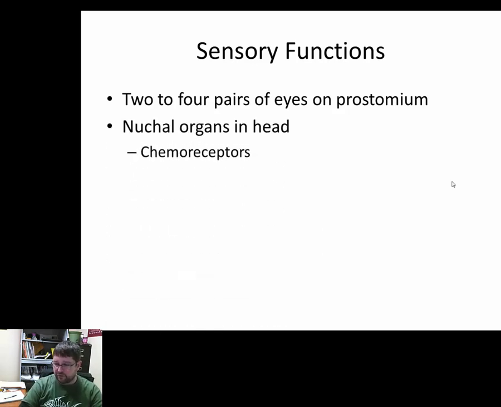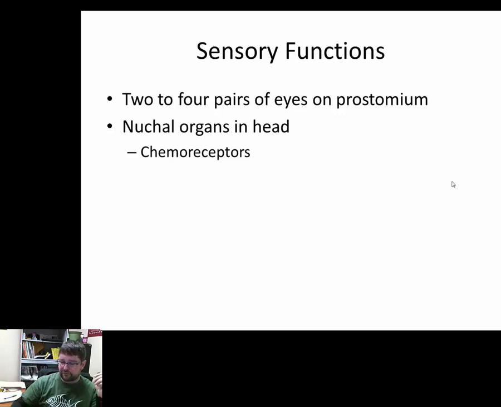They also have what we call a nuchal organ, and this has to do with chemoreceptors. So now you have an organism that has the ability to taste chemicals, and this probably gave rise to things like antennae or similar structures that we see in arthropods later on.